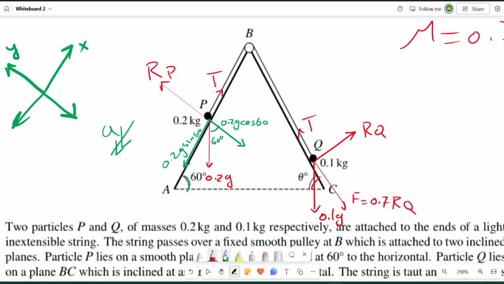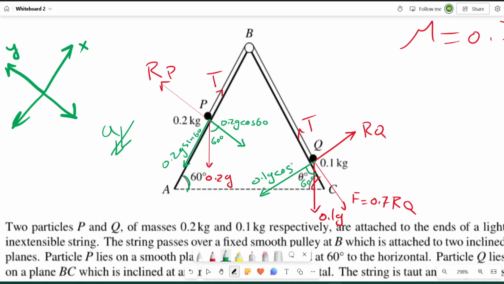Now I would resolve the weight force as well, because all the other forces are aligned in my directions. So I'm going to have a component this side, which is going to be 0.1 g cosine, because this is going to be theta as well, which was 60.